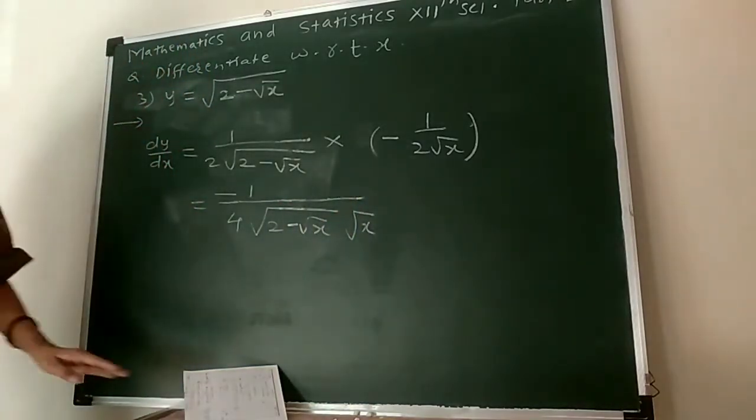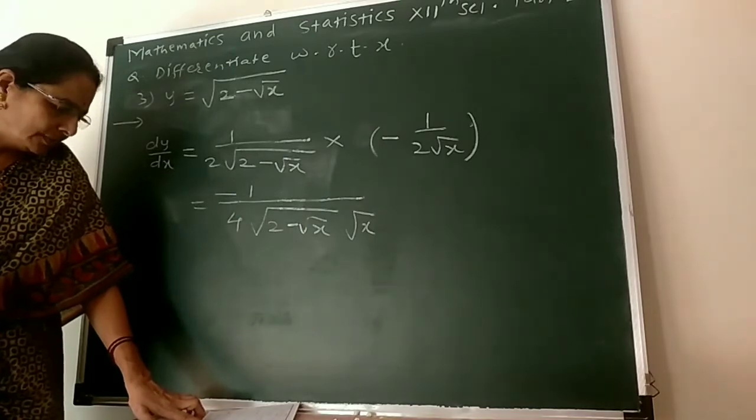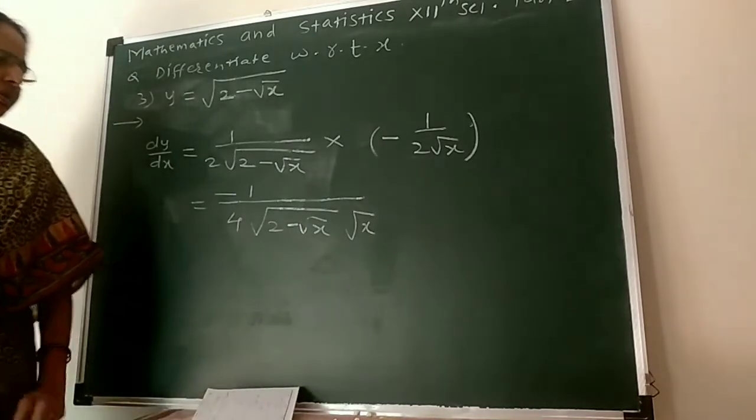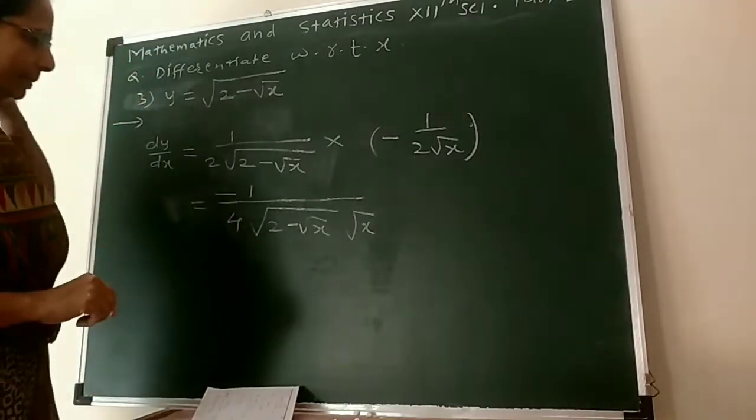This is the answer, minus 1 upon 4 root x, root 2 minus root x.